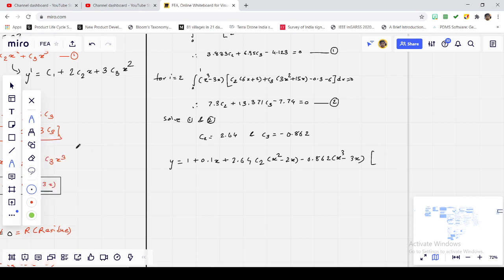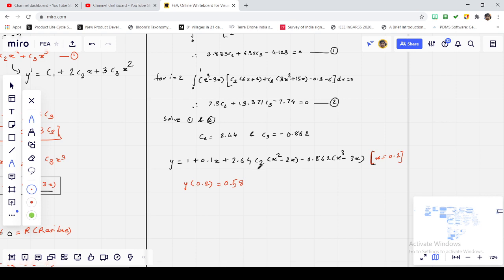So now we need to substitute x is equal to 0.2. You will get the value of y at 0.2 as 0.58. What we did is we just substituted this 0.2 in all the x terms.